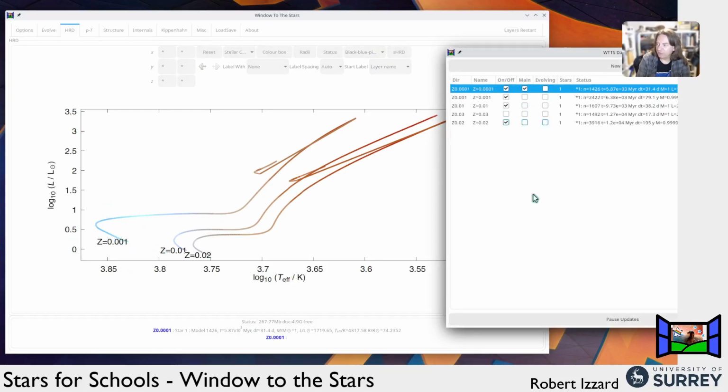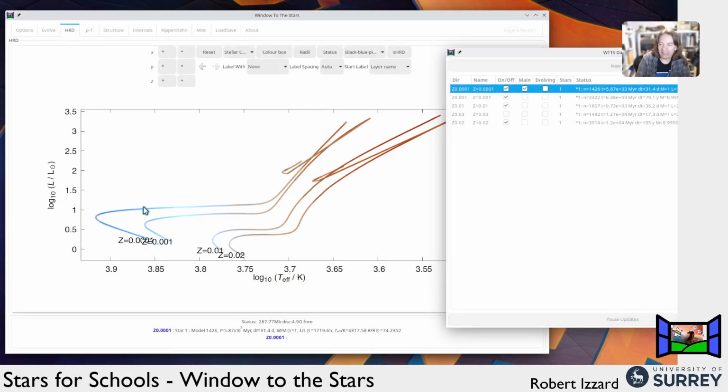And if we go to the 0.0001, that's bluer again. It's over on the left here now. And it's brighter. So these stars make it much more difficult for life to survive on somewhere like the Earth at the distance of the Earth from the sun. So these would be a real struggle to survive.